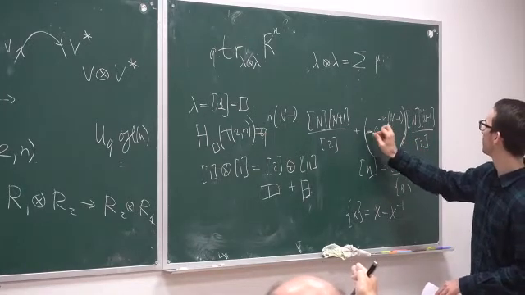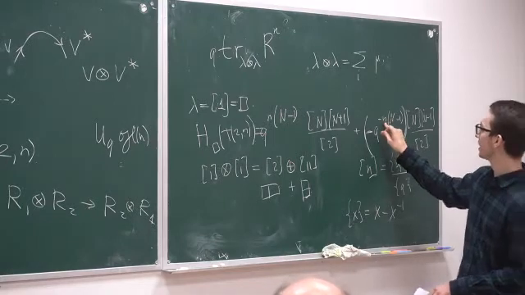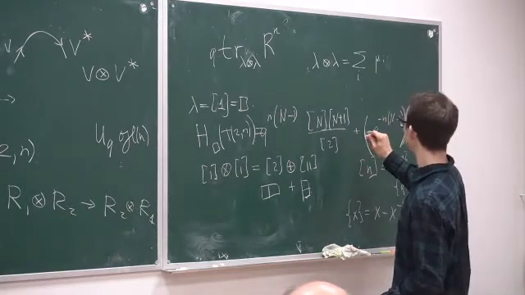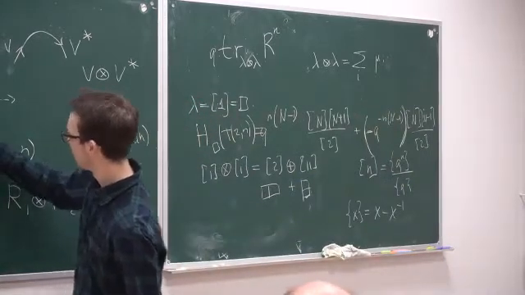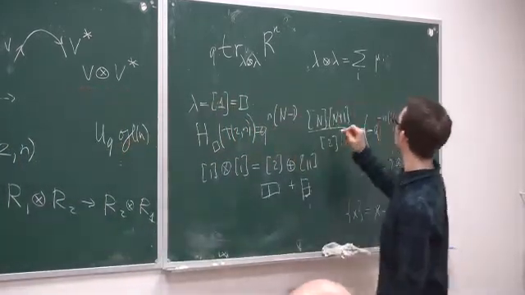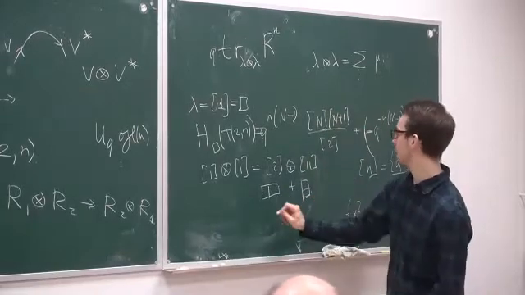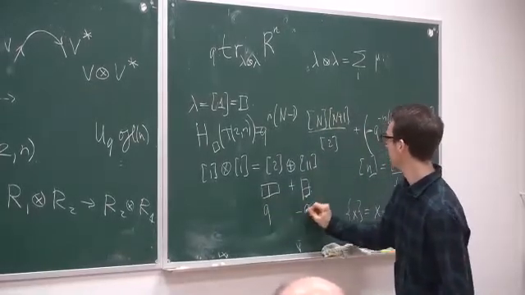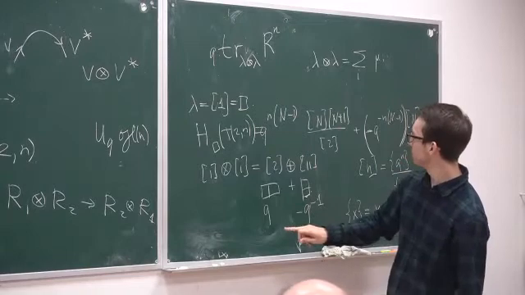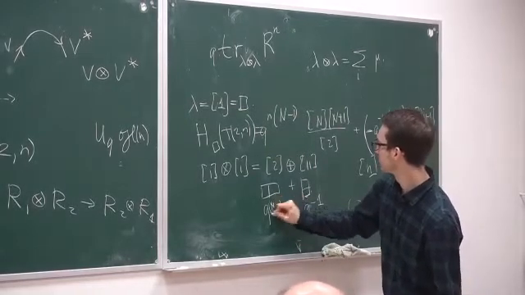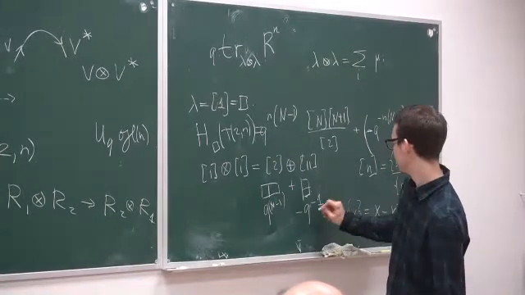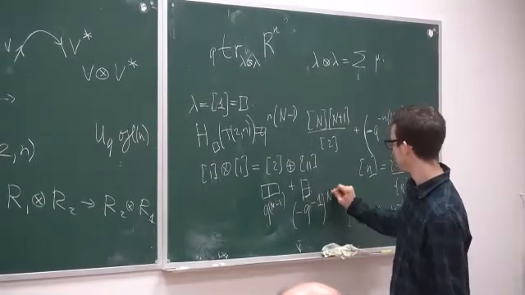No, it's always minus because n is odd to have a knot. N should be odd. And the eigenvalues of the R matrix here are q and minus q inverse. So we take q to the n minus 1 and minus q inverse to the n minus 1.